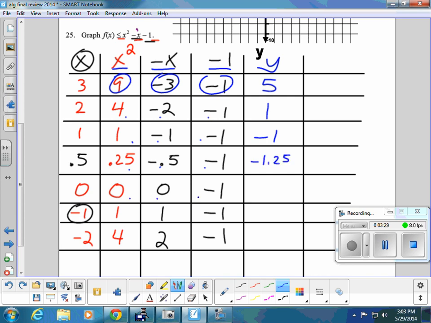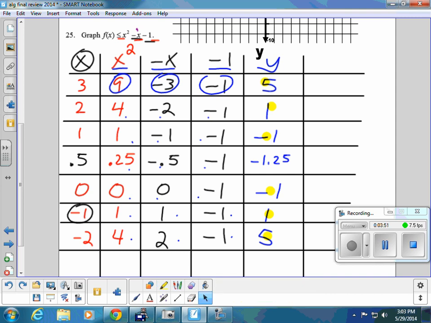This one here is going to be -1. And notice now they're starting to repeat. This here is going to be 1, and this is going to be 5. As you see, and this is a good clue that you did it right, they're symmetrical around the axis of symmetry.